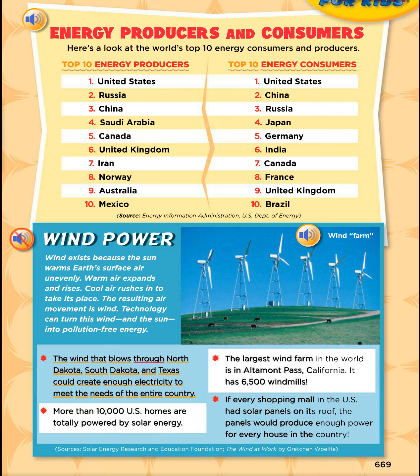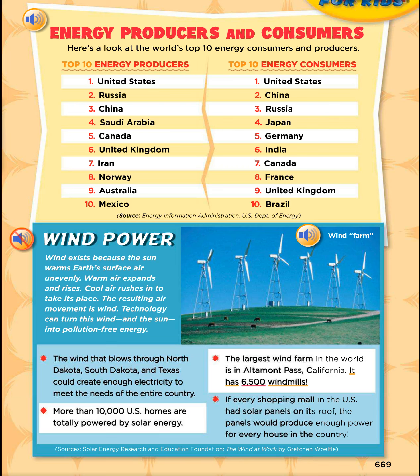The wind that blows through North Dakota, South Dakota, and Texas could create enough electricity to meet the needs of the entire country. More than 10,000 U.S. homes are totally powered by solar energy. The largest wind farm in the world is in Altamont Pass, California.